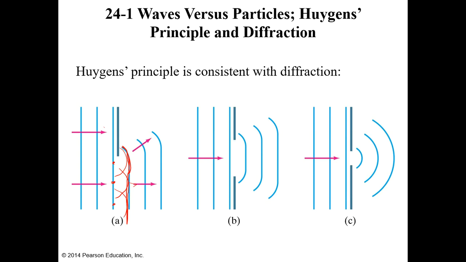And that front produces a series of wavelets as well, which then produces a new rounded edge of the next front. So as a result, you end up with a straight wave that curls around the edge here at some angle theta.